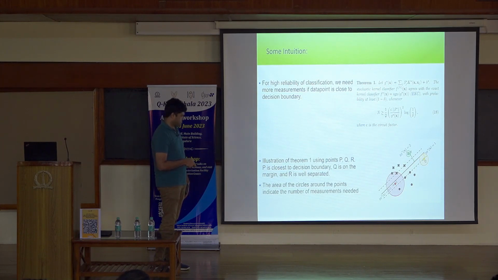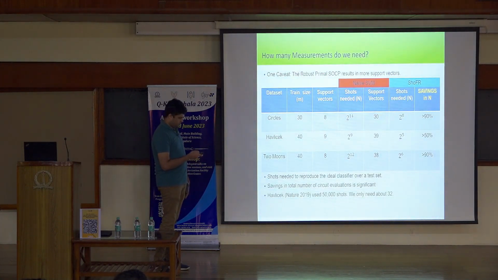So you can generalize this result to a data set of size m, an arbitrary data set. These circles represent the amount of shots needed; the area of the circle represents how many shots are needed. This chance constraint optimization, I don't think we'll have time to cover at all.